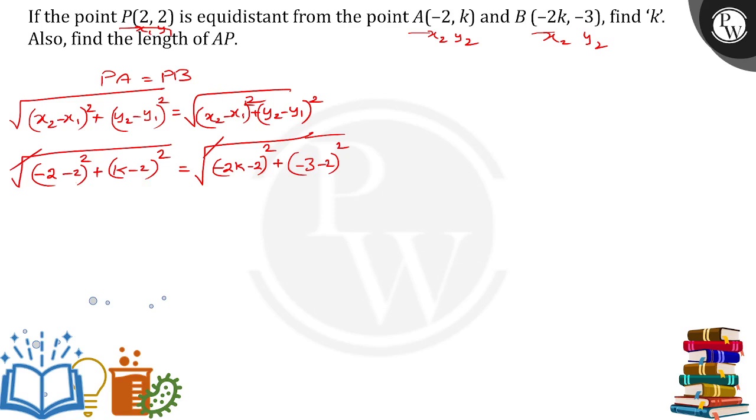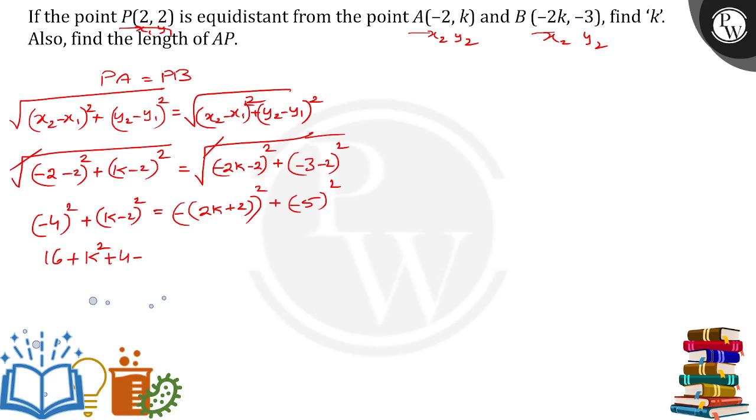Minus 2 minus 2 whole square is minus 4 whole square plus (k minus 2) whole square is equal to, if I take minus as common from both, I will get (2k plus 2) whole square plus (minus 5) whole square. So if I simplify, 16 plus, using the (a minus b) whole square expansion, I will get k square plus 4 minus 4k is equal to (2k plus 2) whole square.